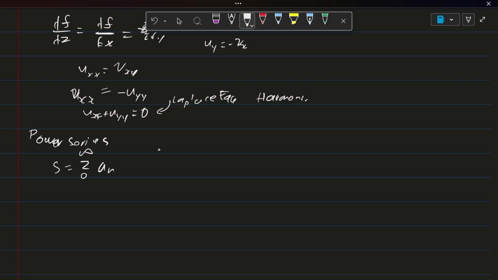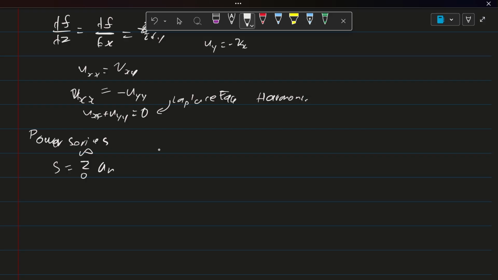And then you could do tests to figure out if it is convergent or not. It is only convergent if its real part and the imaginary part are convergent. There are tests such as the ratio test, or you could test if it is absolutely convergent to figure out that your function is also convergent. So there are pretty much lots of tests that you could do.